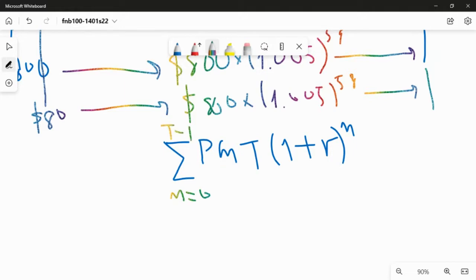And of course, uppercase T is the terminal time, and the terminal time is 60.